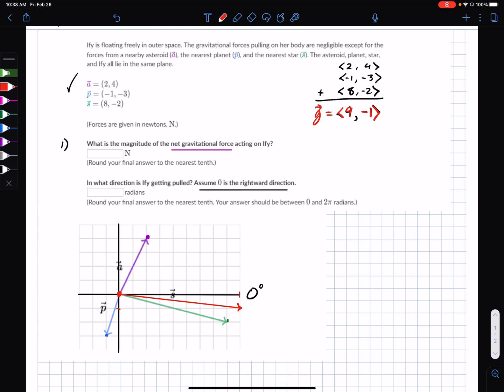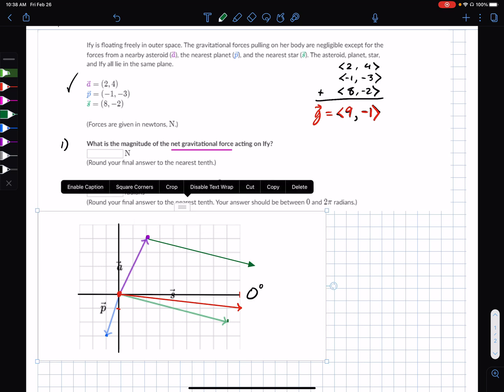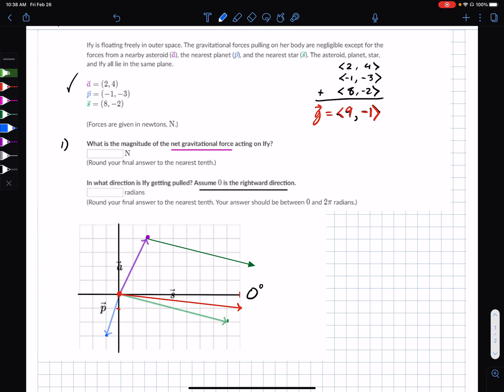Another way to think about this is visually. If you were to add the three vectors visually, you're just doing the heads to tails method. So putting the green vector here, and if we were to set that heads to tails with the asteroid vector, and then do the same thing for the planet vector in blue.